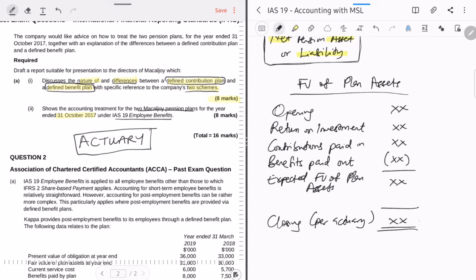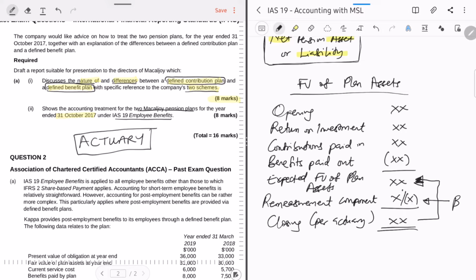Then the difference between the closing per actuary and what you get from this computation is what we call the remeasurement component. This is a balancing figure. This is what will go towards other comprehensive income. It can either be a gain or a loss, depending on which direction the difference takes.